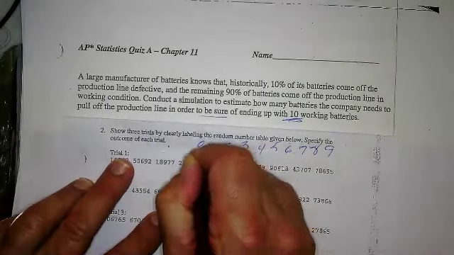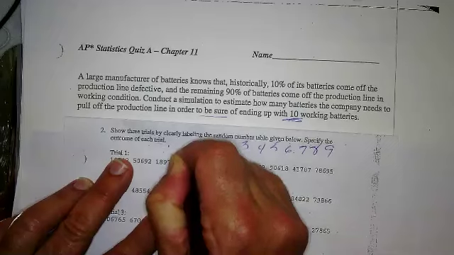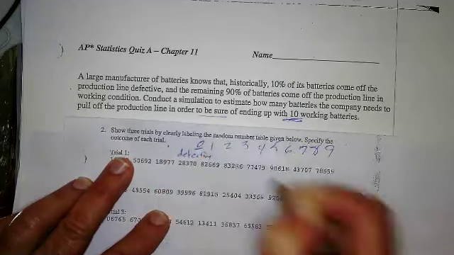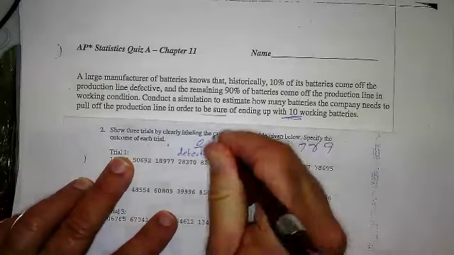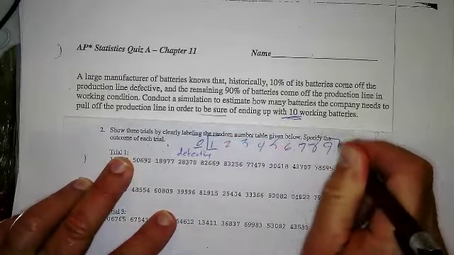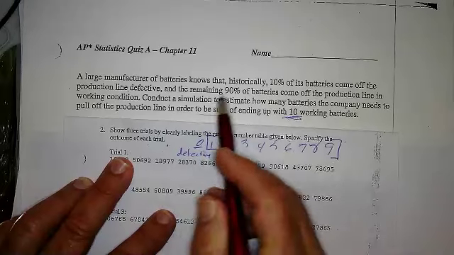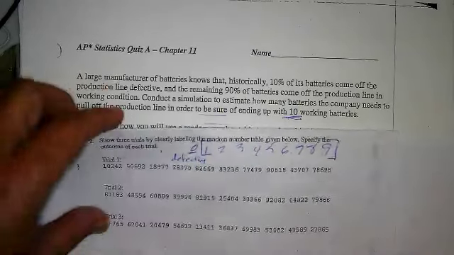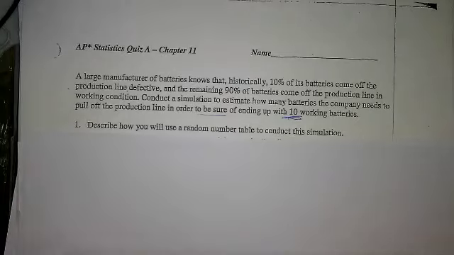We're going to start out and say that 0 is our defective number. Does it matter what number we choose? No. And then we're going to say the rest of these numbers from 1 to 9 are good batteries. They are in working condition. And so this is how we're going to state it. It says describe how you would do that, and this is how we're going to do it.